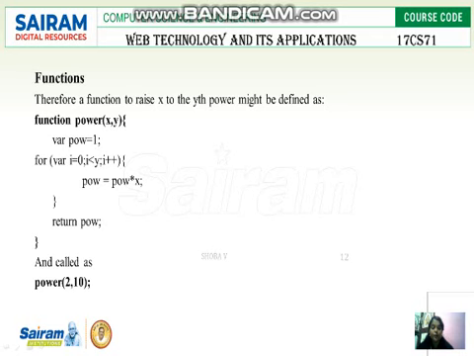For example, if I am giving 4 power 2, then we will be getting 16, which is saved in power, and you can return the statement. By calling power of 2 comma 10, this call will go to the function power x comma y.